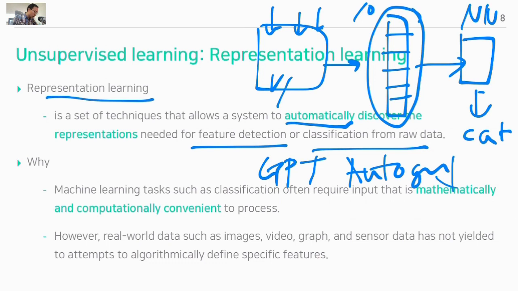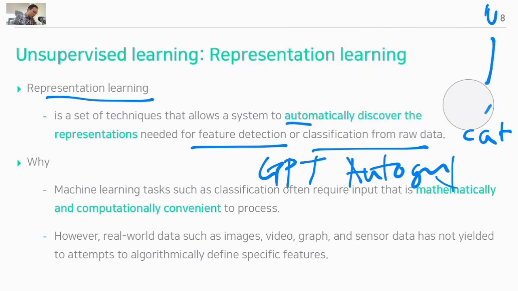We don't need to have the actual labels, but it is still very meaningful to represent the whole data set in the low-dimensional space. It is applicable to many different tasks such as classification and feature detection, and it is automatic.